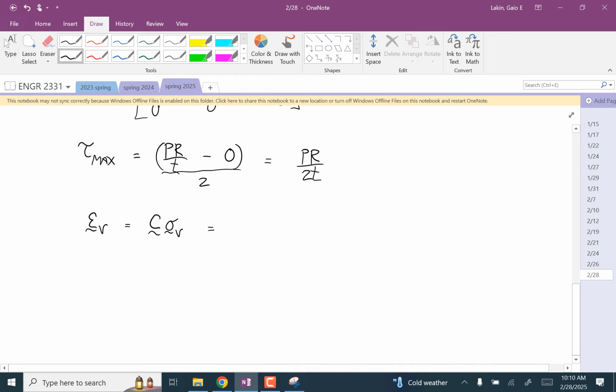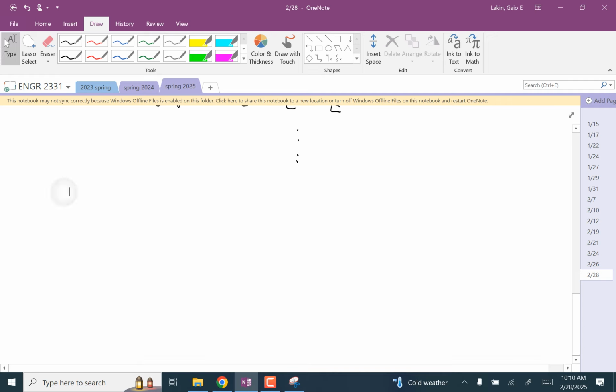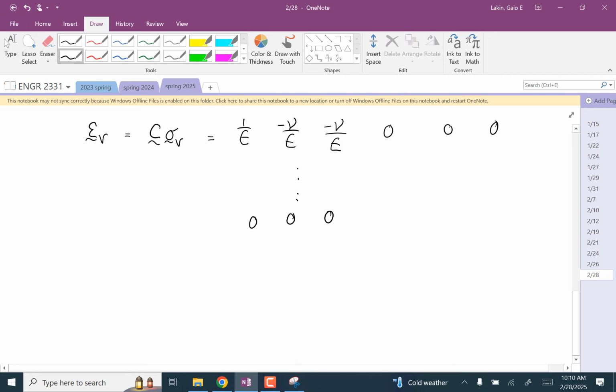And so we have 1 over E, negative nu over E, negative nu over E, 0, 0, 0. And then I'm going to skip ahead to the shear elements, and the shear elements we got 0, 0, 0, 2 times 1 plus nu over E, 0, 0, 2 times 1 plus nu over E, 0, dot, dot, dot.